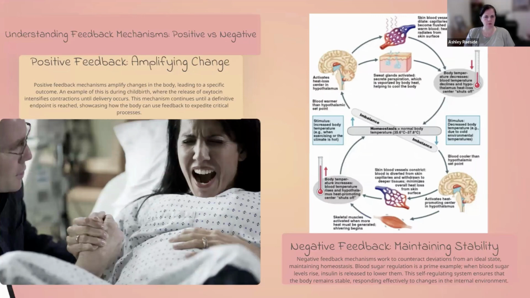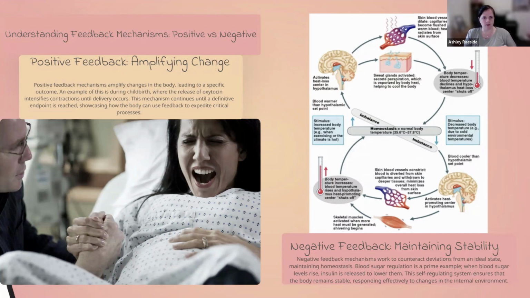Okay, so remembering that we've got two types of feedback mechanisms. So we've got our positive feedback, which is where whatever response is occurring in the body, it's amplifying a change that is good for the body. So for example, mum having a baby, we want those contractions to continue and to get stronger so that the baby is born.